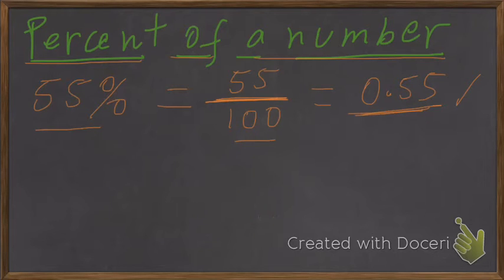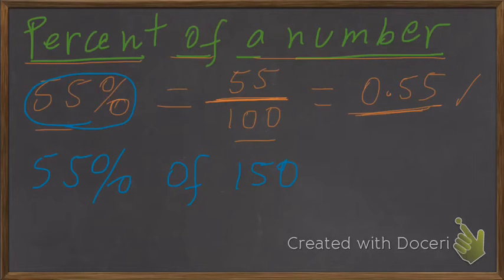Now again, I am going to take this percent, 55, to find 55% of a number, and let's say that number is 150. So how do you find that?